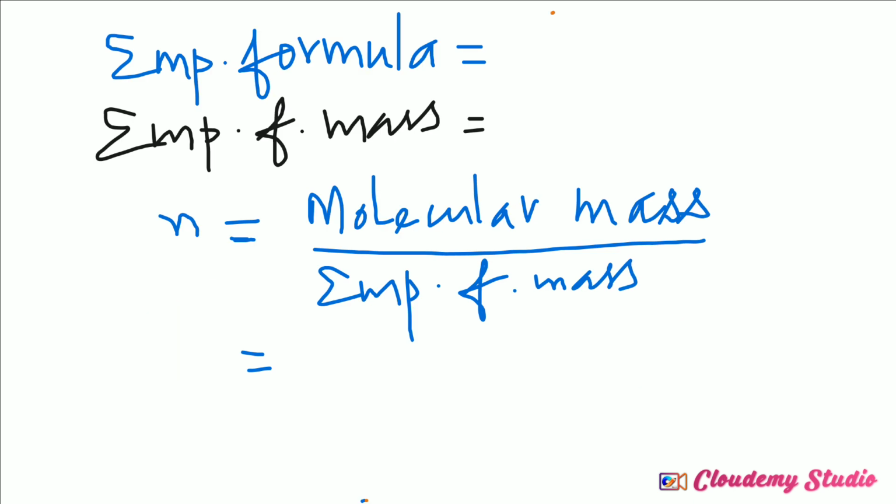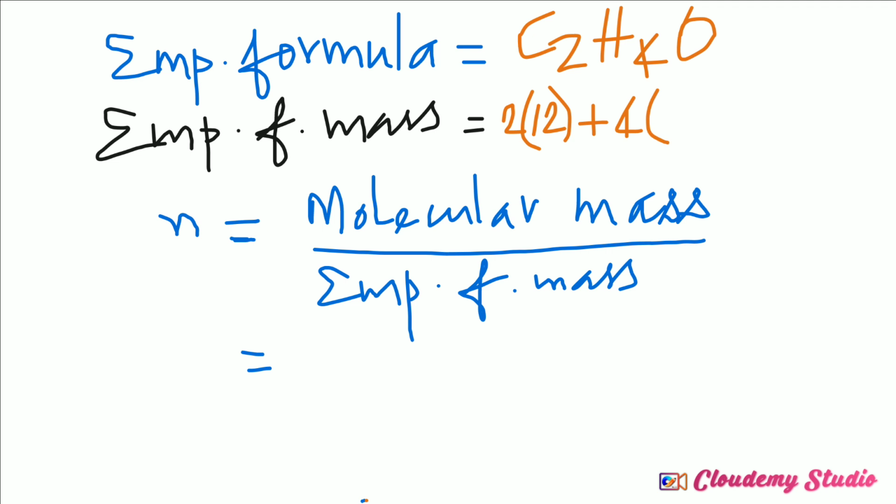Next, we need to calculate the empirical formula mass. 2 times carbon, its relative atomic mass is 12, so 2 times 12, plus hydrogen, 4 atoms are there, so 4 times 1, plus oxygen only 1 time, its relative atomic mass is 16.